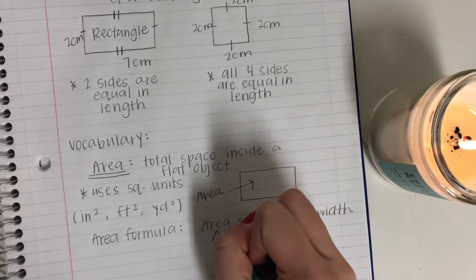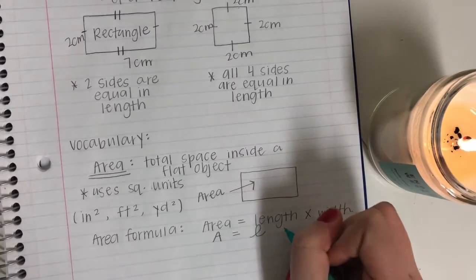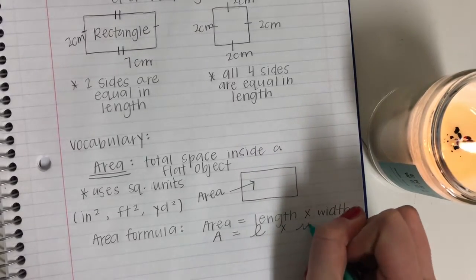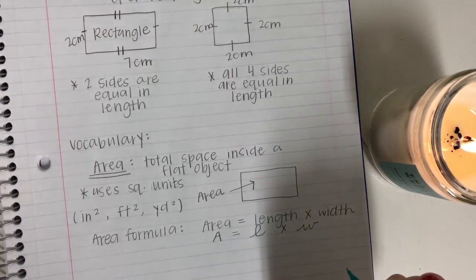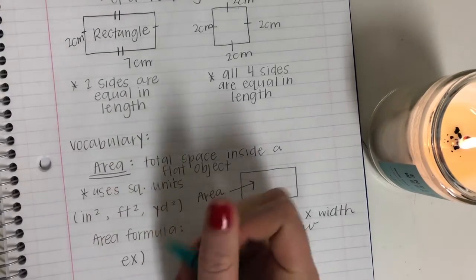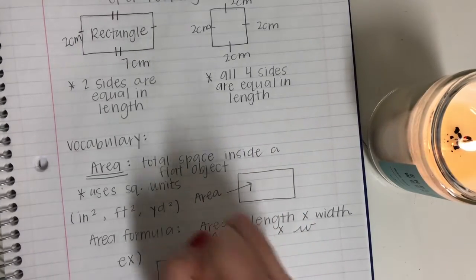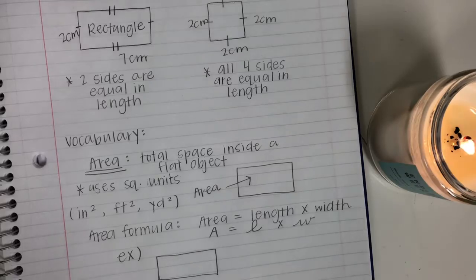Or a lot of times we'll see it A equals L, like a cursive L, times W. Okay, so here's kind of an example of what that might look like. So let's draw another rectangle. Scoot it up a little.